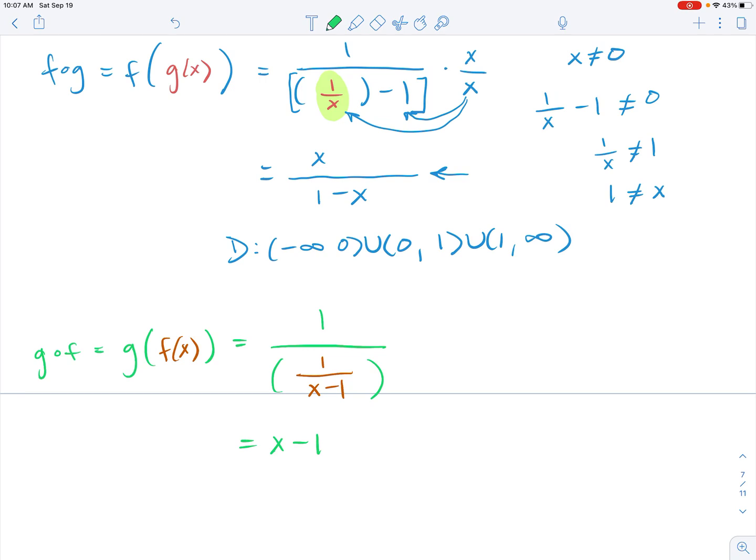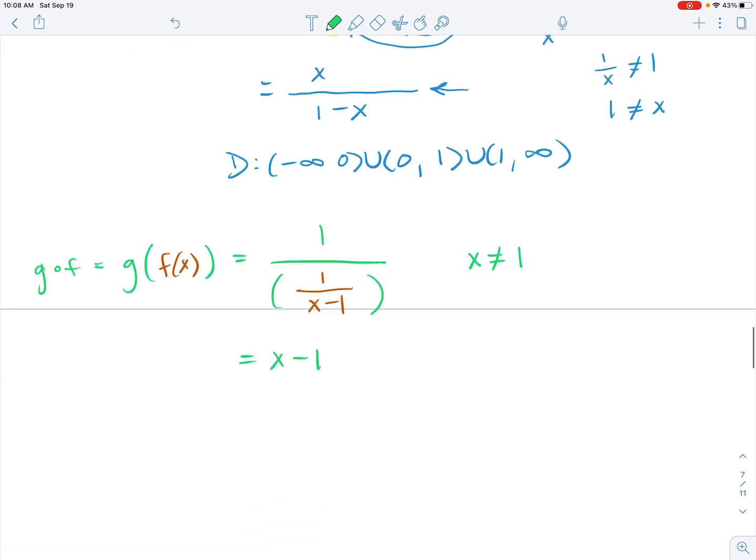So looking at the simplified equation, x minus 1 has a domain of all real numbers. However, because of that complex fraction, when we compose the two functions, we can see that x cannot be equal to positive 1. So we need to exclude positive 1 from the domain.